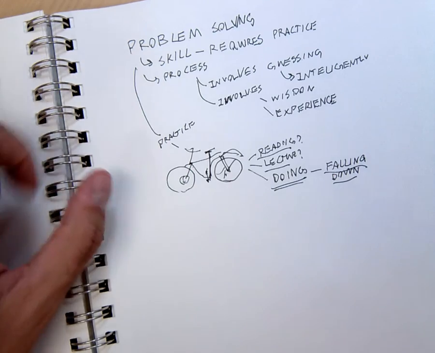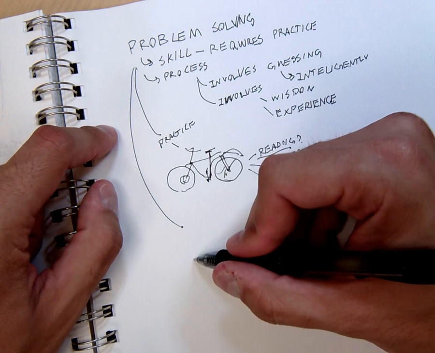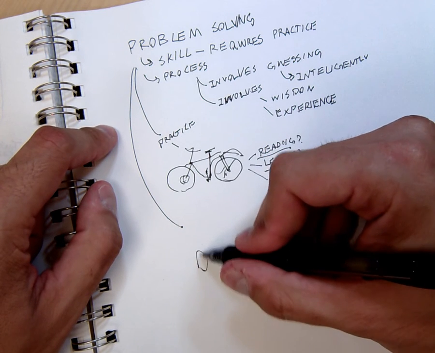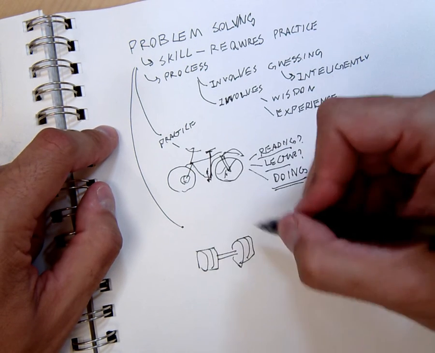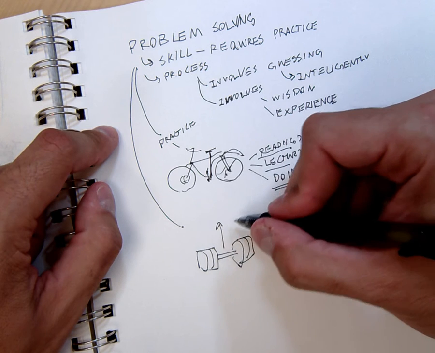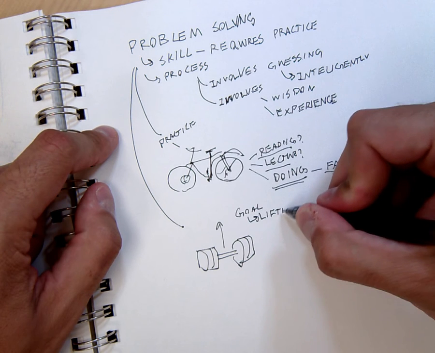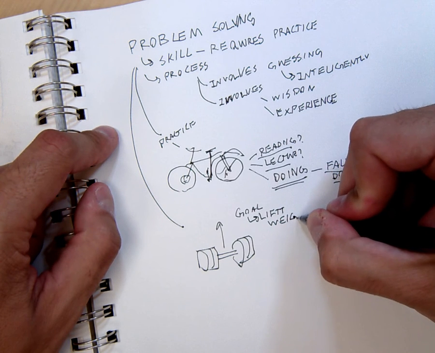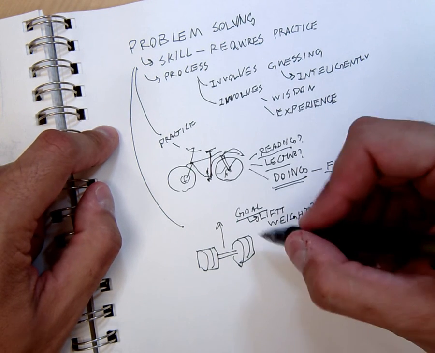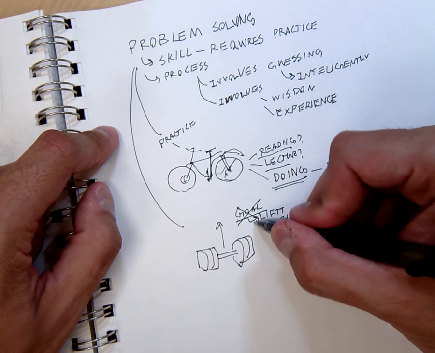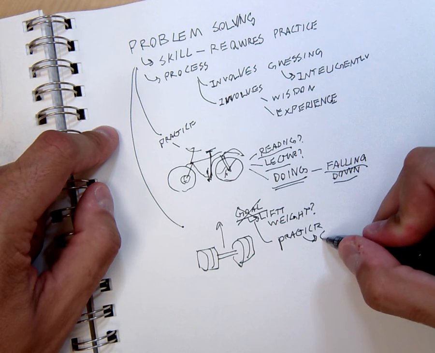And there's another analogy I'd like to apply here as well. When you go to the gym, you do not lift this thing up and down because my goal is to lift a weight. That is not really your goal. This is actually practice, and your goal is to get strong.